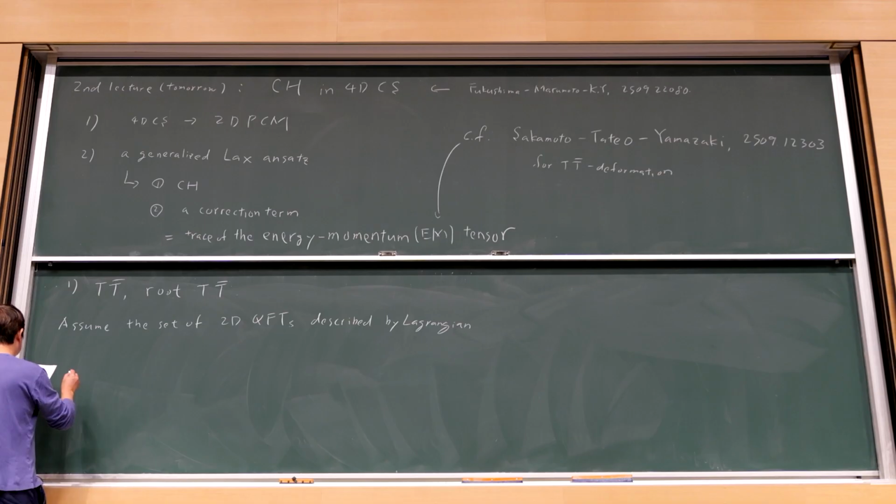Then consider a trajectory in the theory space parameterized by a parameter alpha.